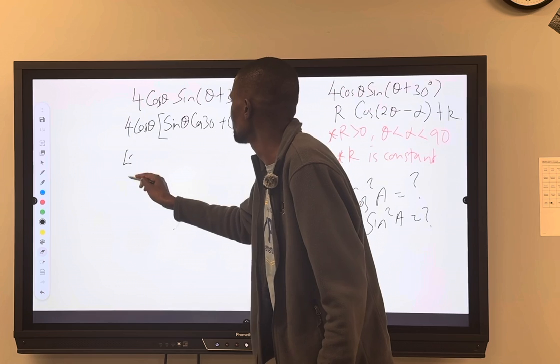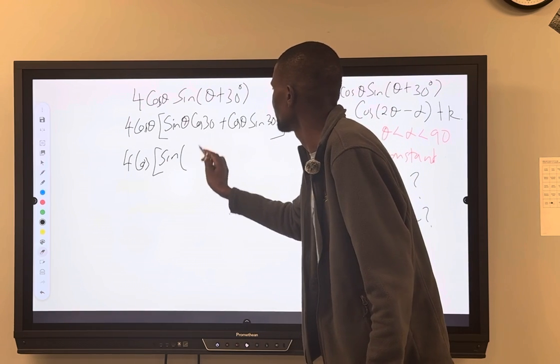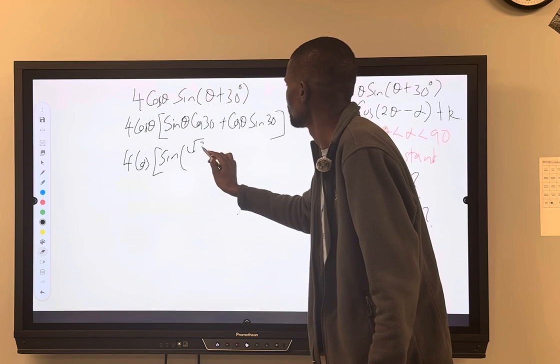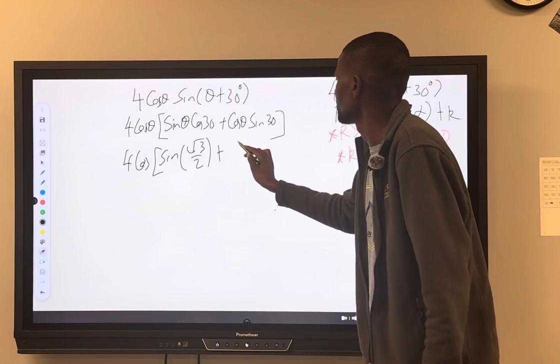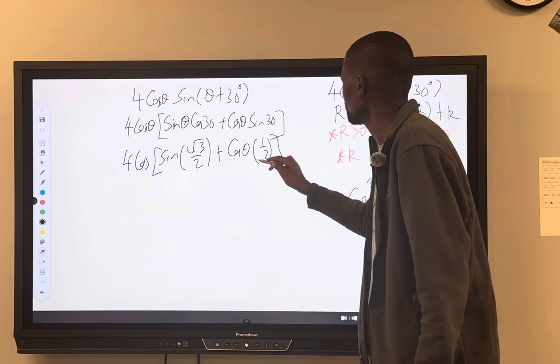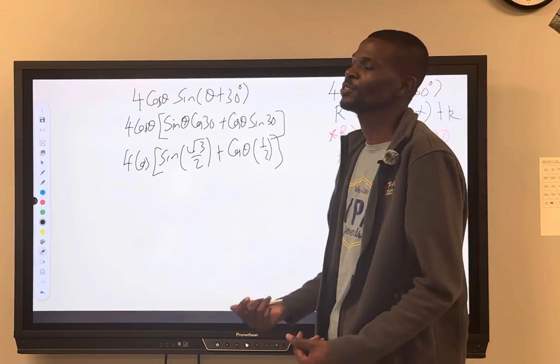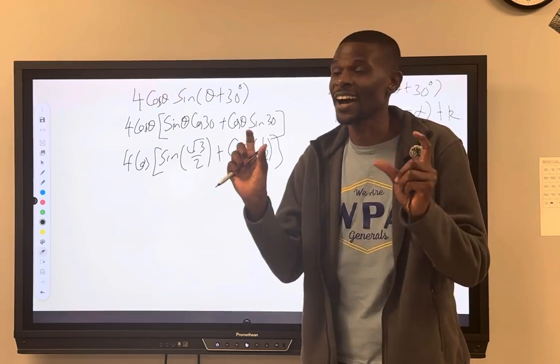As a mathematician, you need to know these exact values: cos 30 is root 3 over 2 and sin 30 is 1/2. But if you don't know them, please make use of the calculator. They say you have to work smart, not hard, right?